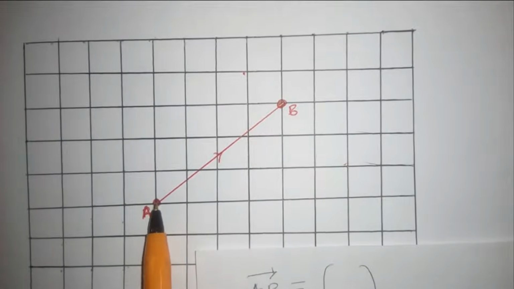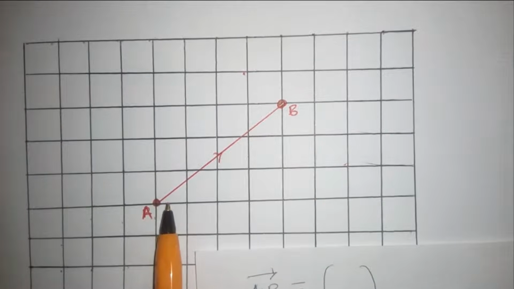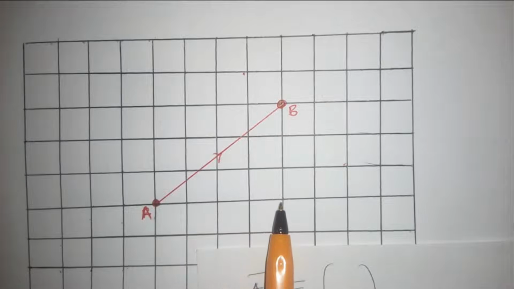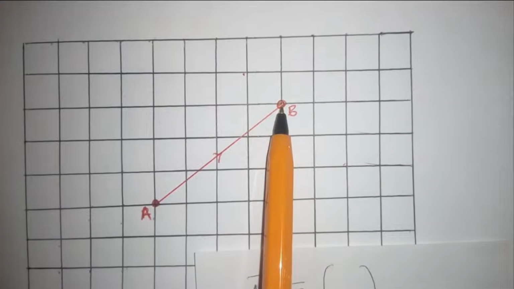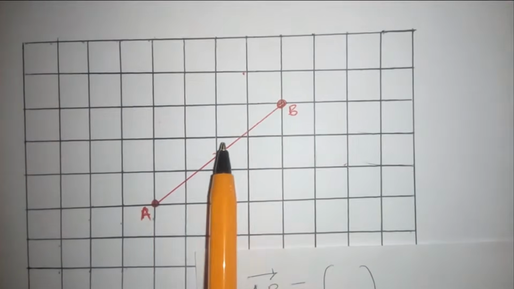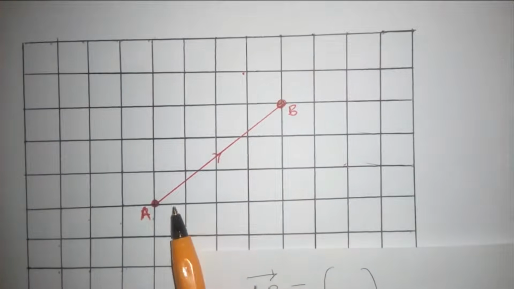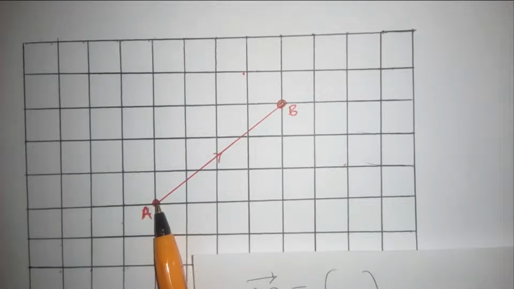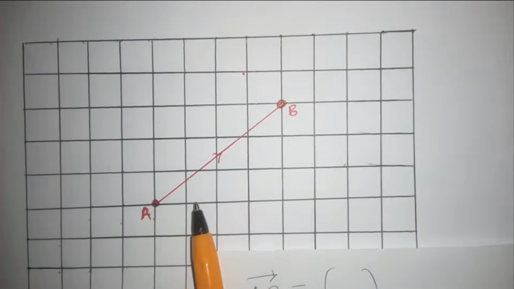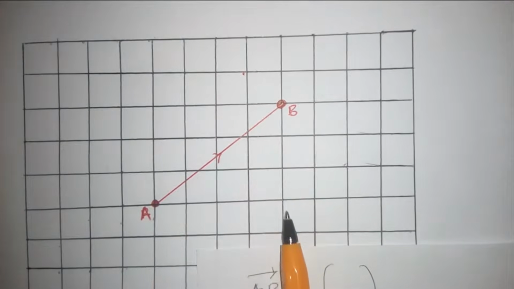So what you do, you maintain this position and then you start moving to your right side. You check the point which is on top, and you start moving towards this same point, moving to your right side. So it will be 0, 1, 2, 3, 4. So this is 4 here.